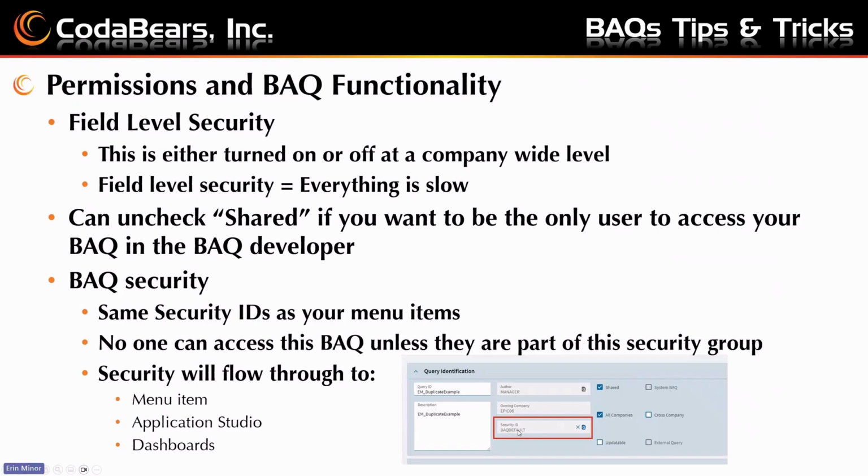That means people will not be able to access this BAQ if they fall within a security group that doesn't include this ID. It's going to be the same as menu items, and anything you put on the security ID here will flow through to the menu item, to the application studio, and to any dashboards. So this might be your first stop to make sure that your security is locking down so that nobody can see it on the other end.